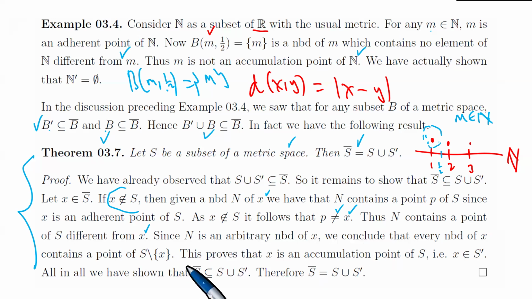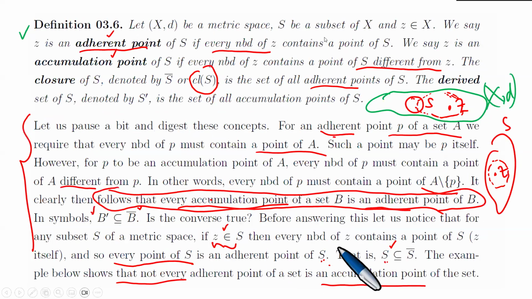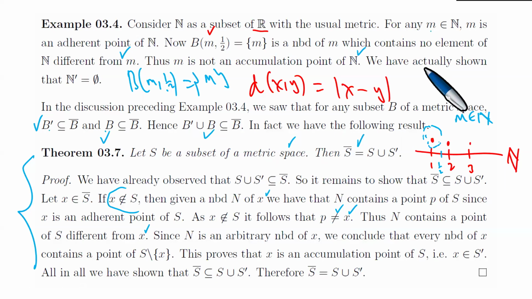If they were the same, it would border on what we call the adherent point. But here it is an accumulation point, because in the case of an accumulation point the point must be different from X.